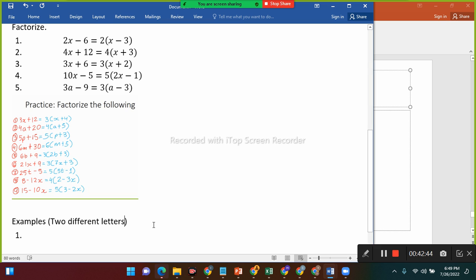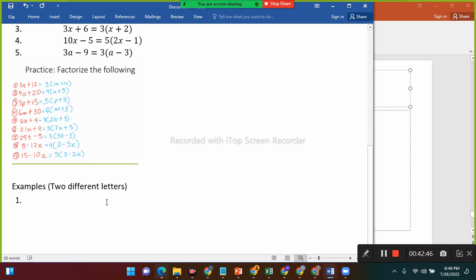What do we do if we have two different letters? So say for example we have 4a plus 2b. Okay, so that's 4a plus 2b.